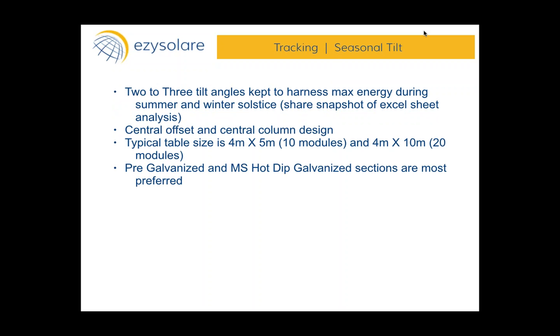Okay. Now, seasonal tilt is also catching a lot of fancy now. One of the issues we are facing with seasonal tilt, as we saw in the photograph at the beginning of the presentation, is how to do it. What is the best design for seasonal tilt?